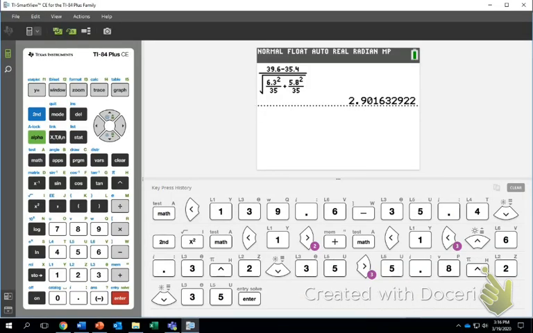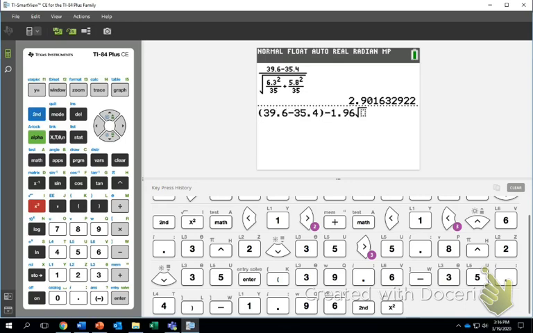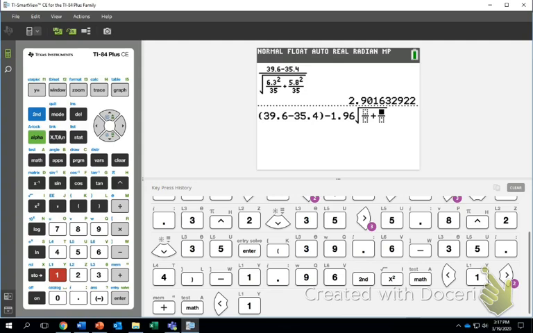All right, so here is our calculator. I'm going to use the parentheses for the first piece, 39.6 minus 35.4, and we'll do our subtraction first. We'll find our smaller amount first: 1.96 times the square root of, and get these fractions back in here, plus, and then we just need to fill in all these pieces.